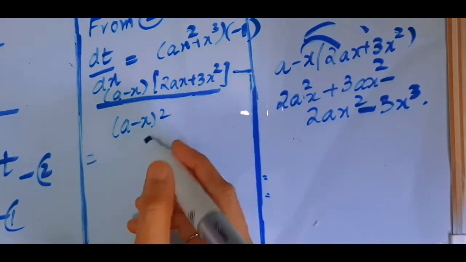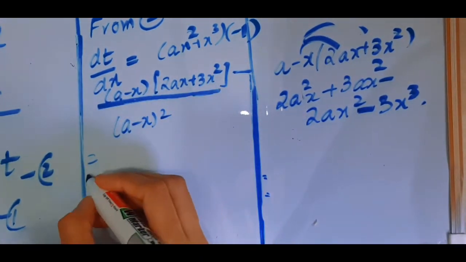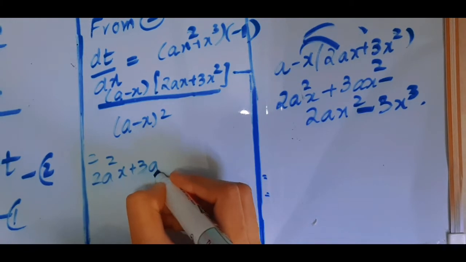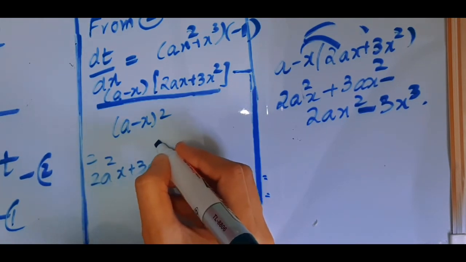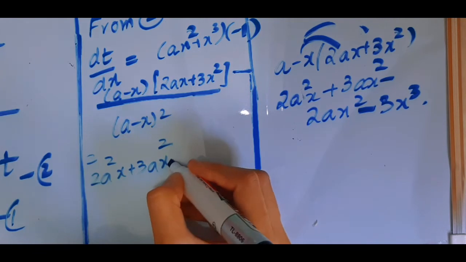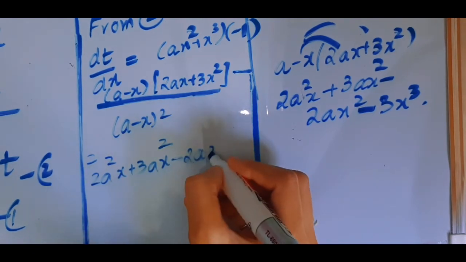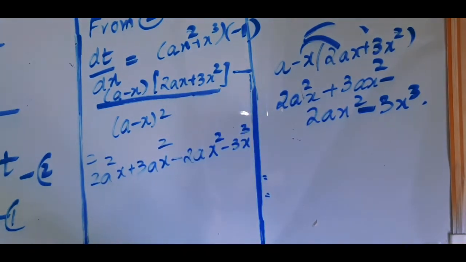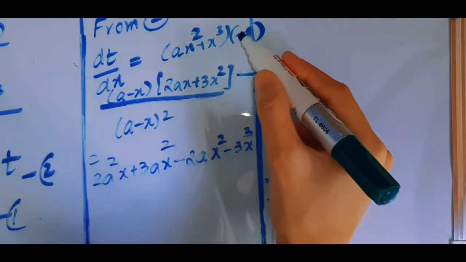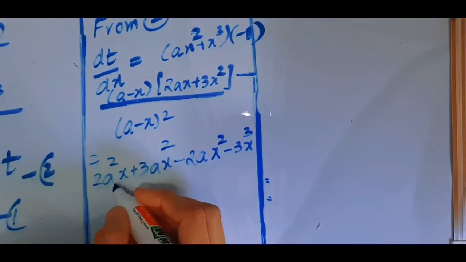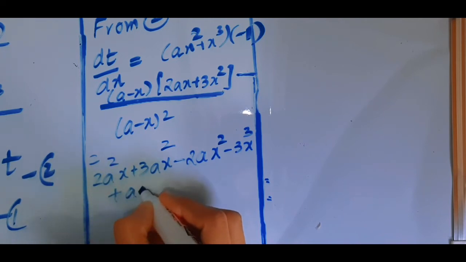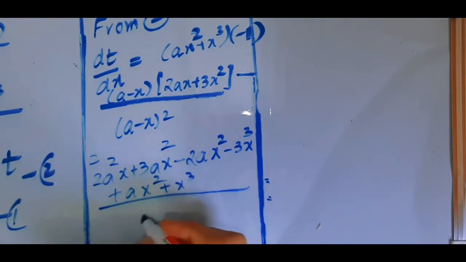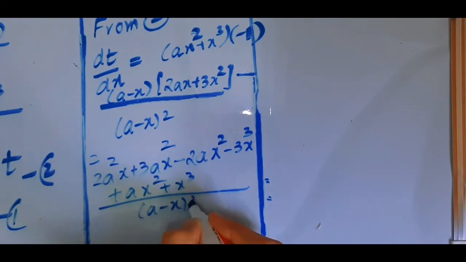So we get this term and we are going to write here: 2a square x plus 3ax square minus 2ax square minus 3x cube. Then minus and minus will turn into plus, and we are left with plus ax square plus x cube divided by a minus x whole square.